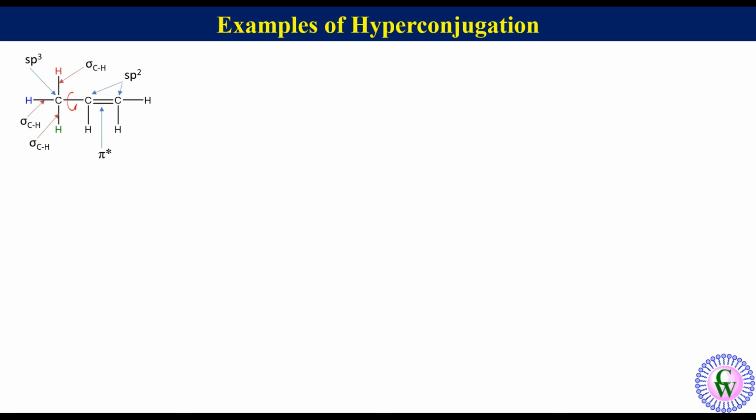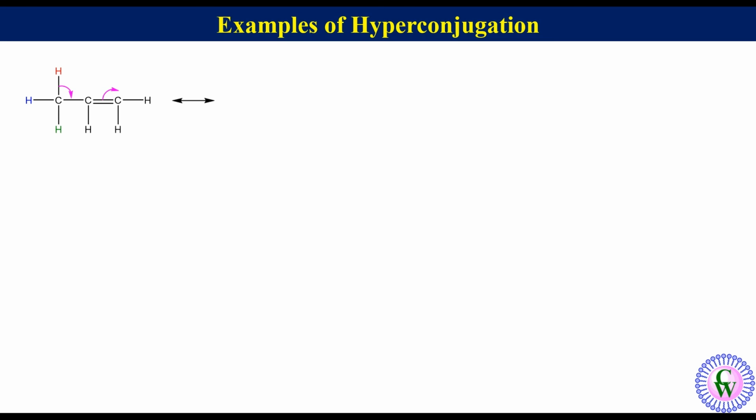So, at a particular moment, one of the 3 CH sigma orbitals will be parallel to the vacant pi star, which allows the overlap between CH sigma orbital and vacant pi star molecular orbital and transfer of CH sigma bond pairs to pi star. When the pi star is filled, the pi bond is broken.